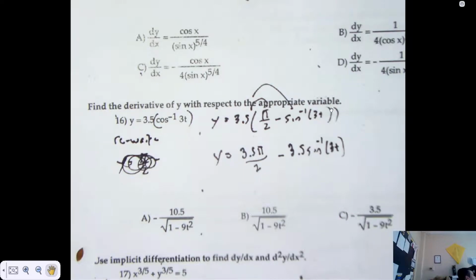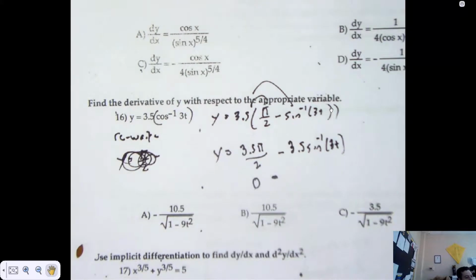Constants have no change. So the derivative or the slope is 0. So it doesn't matter where you put that 3.5. This piece becomes 0, but it has to stay there. So minus 3.5 arc sines of 3t.